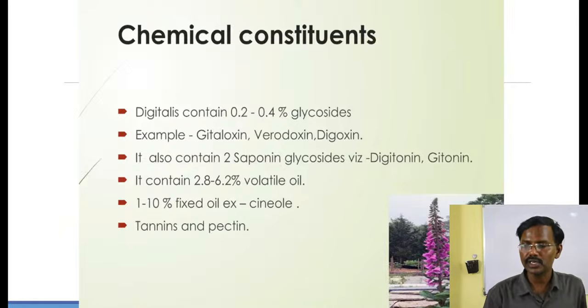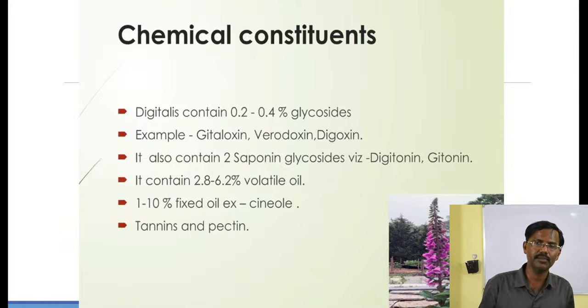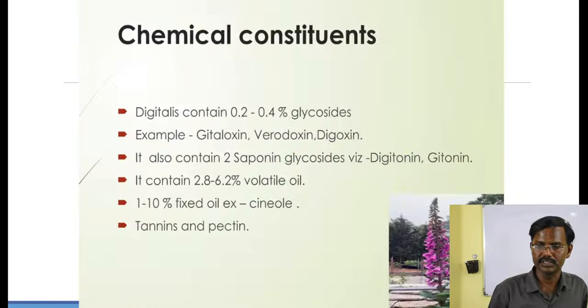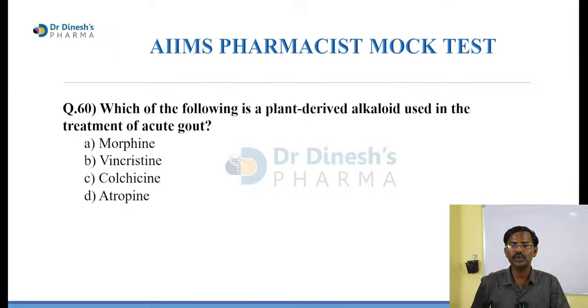Saponins: digitonin and gitonin. It also contains 2 to 6% volatile oil, and cineol, and tannins and pectin. These are the chemical constituents, very important, used in cardiovascular diseases. Next, which of the following is a plant-derived alkaloid used in the treatment of acute gout?